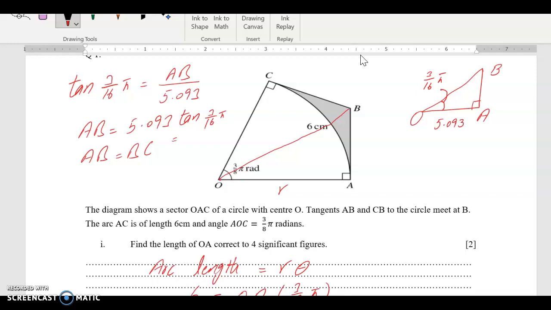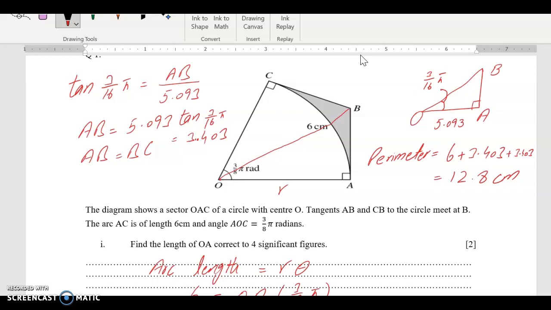So here first of all the length of AB is 3.403. If we wish to find the perimeter, the perimeter will be equal to 6 plus 3.403, which is this length AB, plus BC, which is the same thing, 3.403. So that means the perimeter will be 12.8 centimeters.